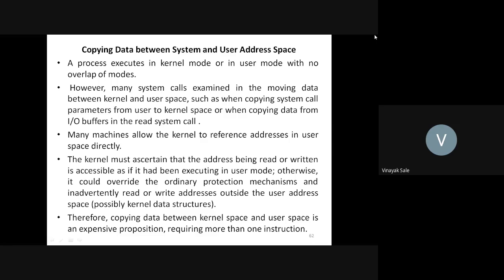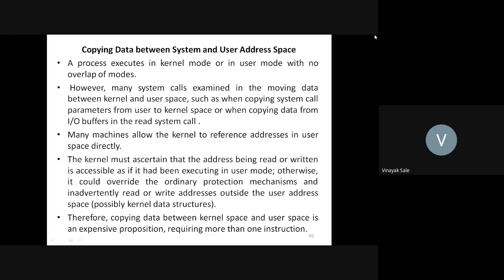Many machines allow the kernel to reference addresses in the user space directly. The kernel must ascertain that the address being read or written is accessible as if it had been executing in user mode.